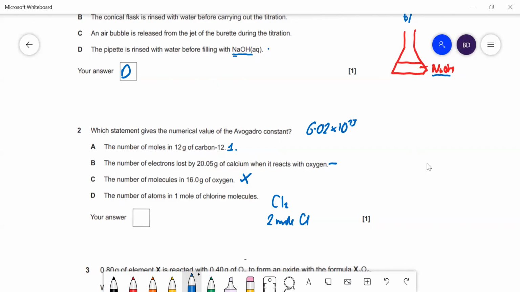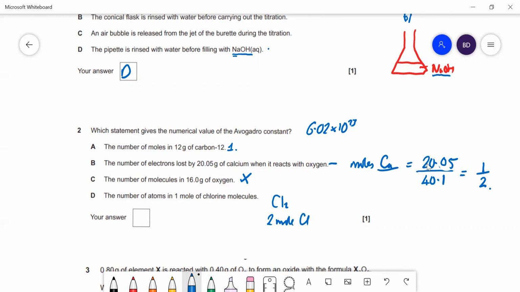Well, let's work out the moles of calcium. That's equal to mass over the Ar, which is about 40, which is 40.1. So that's equal to half a mole of calcium.